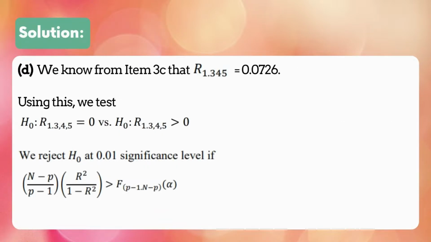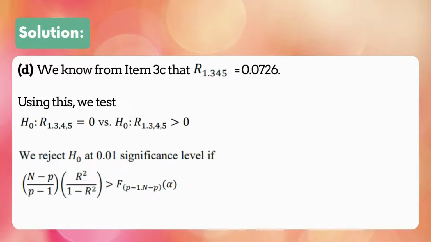To solve for item 3D, we know from item 3C that the multiple correlation between x1 and the set x3, x4, and x5 is equal to 0.0726. Using this, we test the null hypothesis that arithmetic speed is independent of the three memory scores, against the alternative hypothesis that there exists a positive relationship between arithmetic speed and the three memory scores.